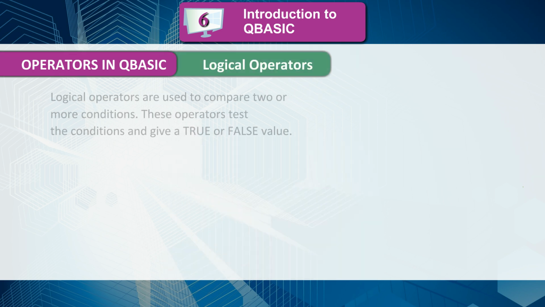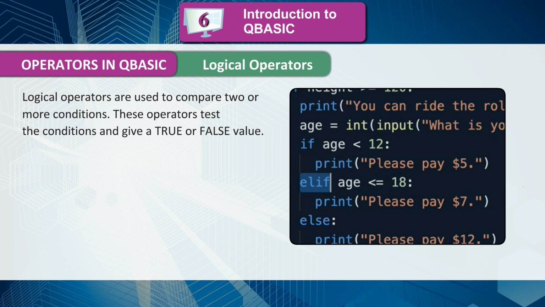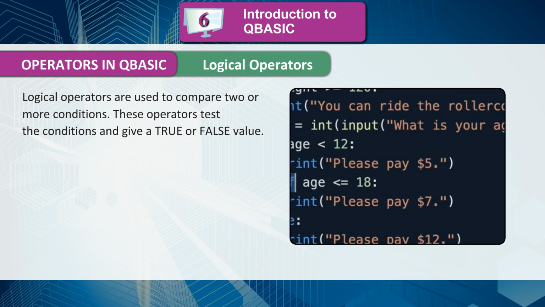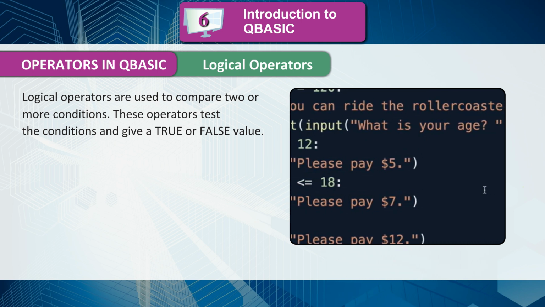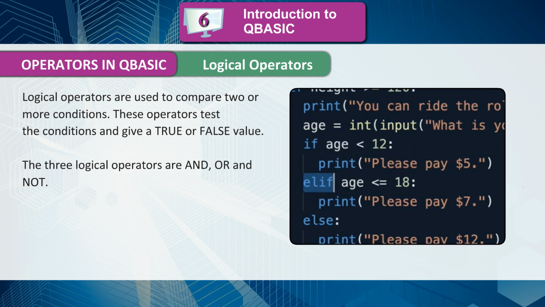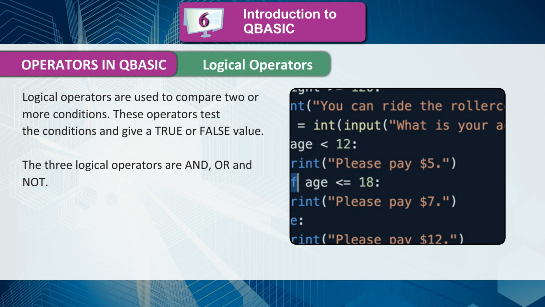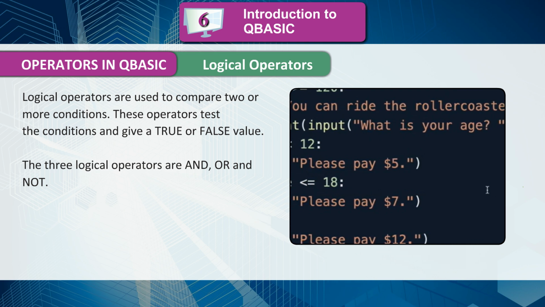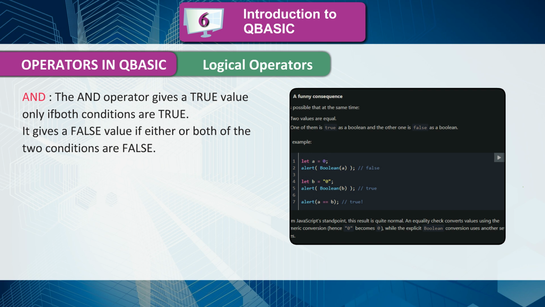Logical operators. Logical operators are used to compare two or more conditions. These operators test the conditions and give a true or false value. The three logical operators are AND, OR, and NOT. The AND operator gives a true value only if both conditions are true. It gives a false value if either or both of the two conditions are false.